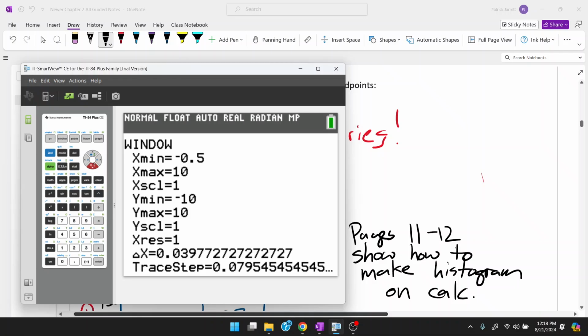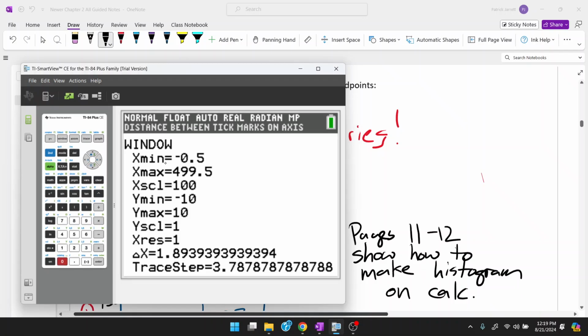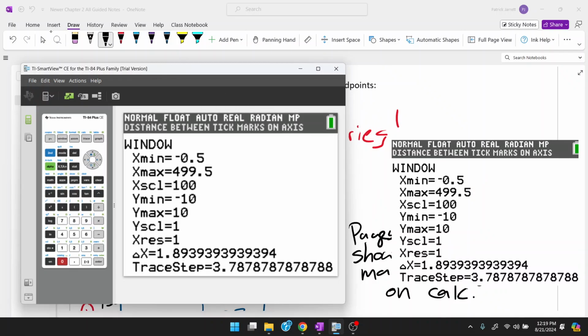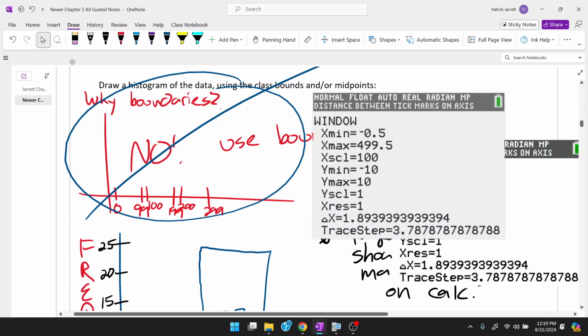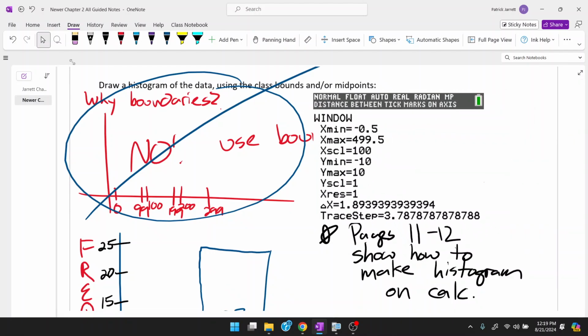Anyway, now, our largest class boundary was 499.5. Now, what was our class width? 100. Now, here's what I'm going to do. I'm going to copy and paste this into the notes for your convenience.